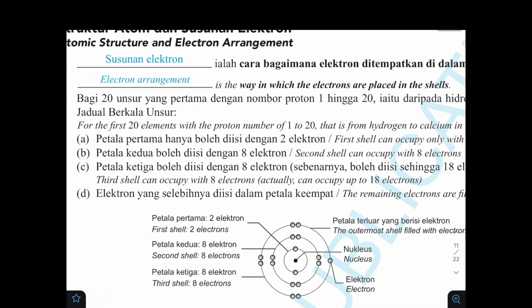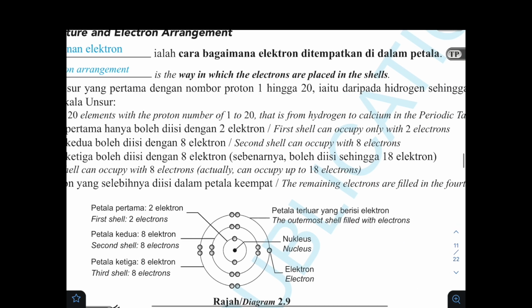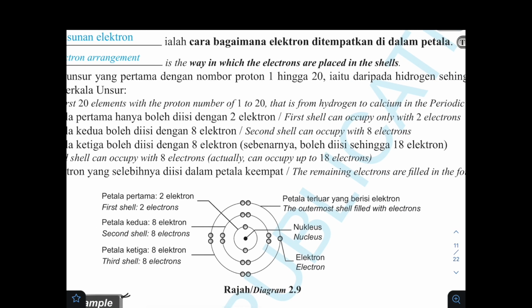So you see, these are the rules that we need to follow when we want to draw or write the electron arrangement of atom. So for the first shell, can occupy only 2 electron.